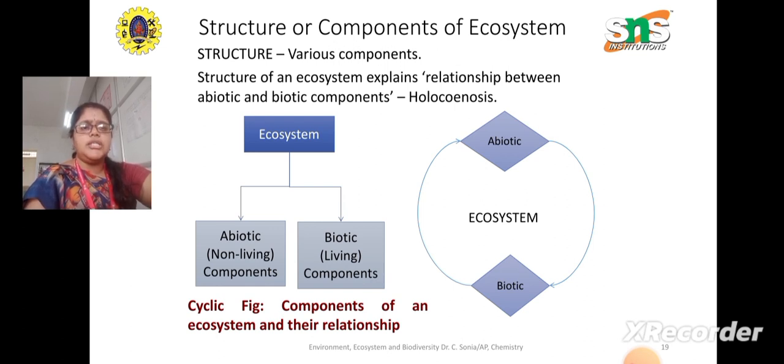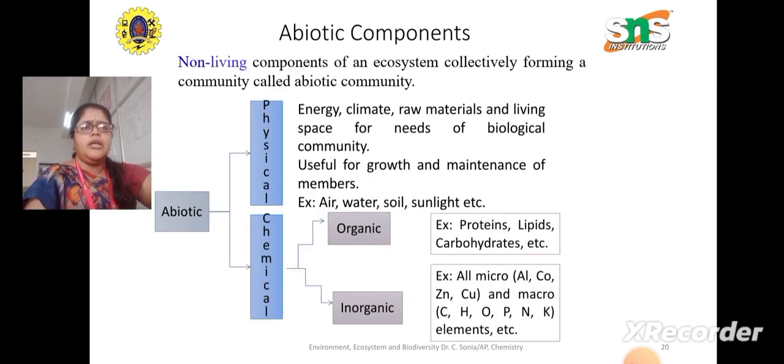So the ecosystem is broadly classified into abiotic, that is non-living, and biotic, living components. You can see in the diagram the integration between the abiotic and biotic components that constitutes the ecosystem.